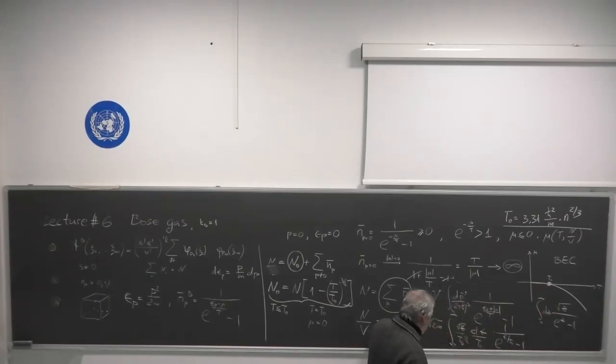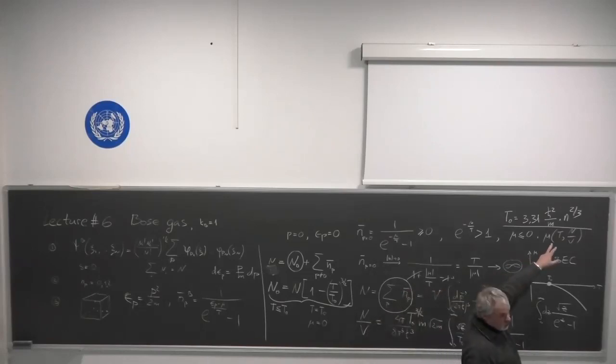So I connect this temperature T0 with the density of gas. By the way, this connection is pretty much the same as we got for Fermi energy, which for a three-dimensional electron gas is also proportional to the density to the power 2/3.